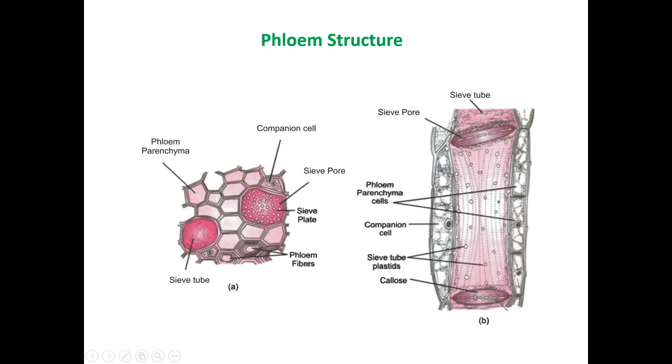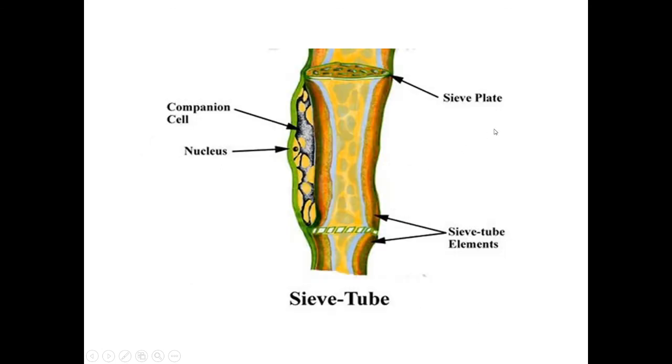So these are the sieve plates and sieve pores, which are formed between two sieve elements that are connected with each other. Okay, so this is about the structure of the phloem. You can see here the sieve cells, and these are companion cells, and this is the sieve plate with sieve pores.